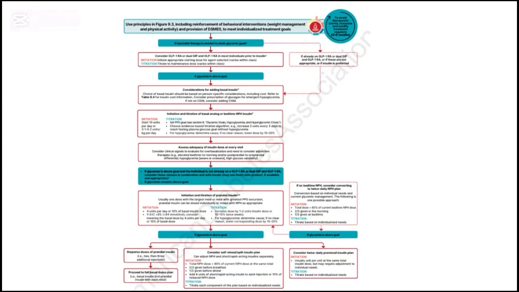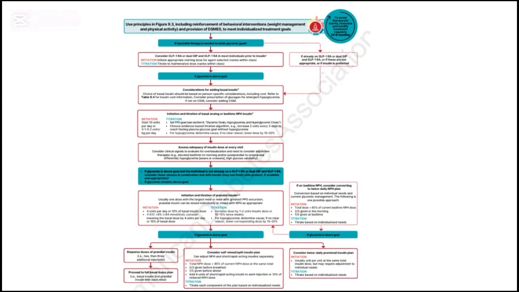Regular reassessment is emphasized at every clinical visit to determine whether insulin therapy is adequate or whether additional treatment intensification is required. Signs suggesting the need for further therapy include persistent postprandial hyperglycemia, large glucose variability, elevated bedtime to morning glucose differences, or recurrent hypoglycemia.